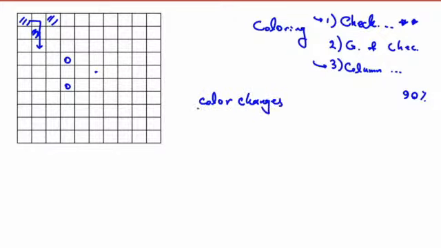Now, if you have a knight in a black cell and a knight in a white cell, they cannot attack a common cell. Why? Because when the white one attacks something, it attacks something that is black. So we conclude that the whites and blacks are not related to each other.